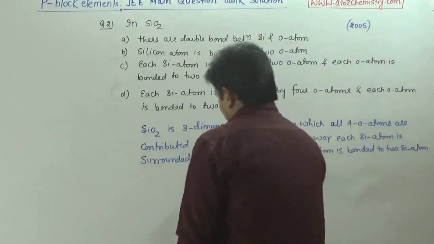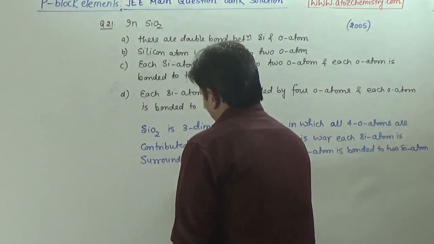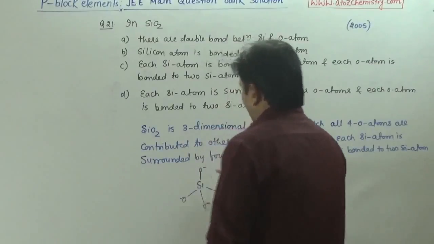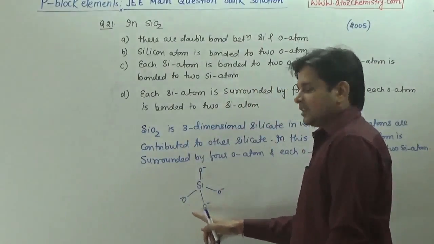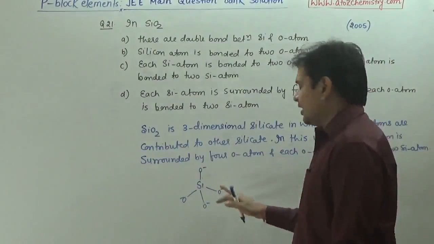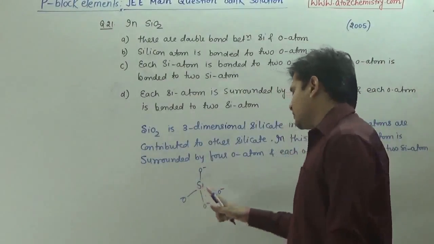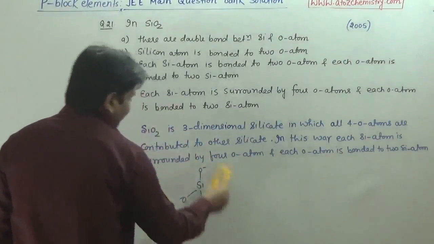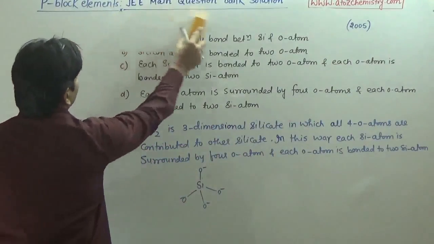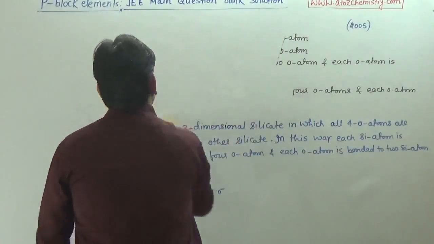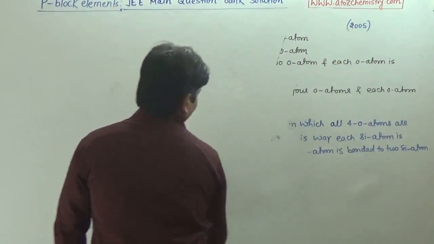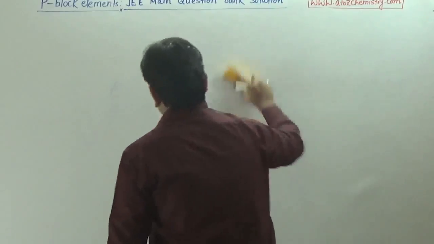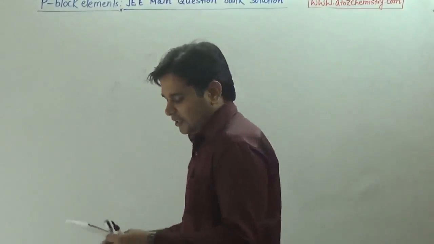Because silicate has a structure of O minus, O minus, O minus and O minus. All of four O minus get contributed to get attached to other silicate structure, and that's why each oxygen is attached to two silicon atoms and each silicon atom is surrounded by four oxygen atoms. So this is the correct answer. You should know that SiO2 is a three-dimensional silicate in which each silicon is bonded to four oxygen atoms and each oxygen atom is bonded to two silicon atoms.